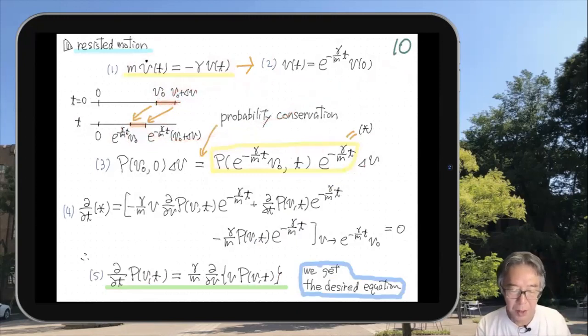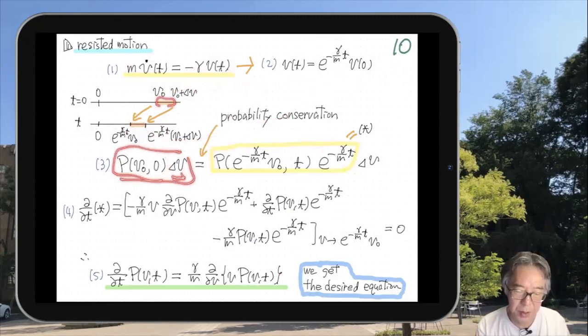Okay. Now I write down the law of probability conservation. Suppose that delta v is small, and so the probability that your v is in this interval at time 0 is given by this. This is the probability density, and I omitted x here, but probably x is here, but I omitted it. This is the width.